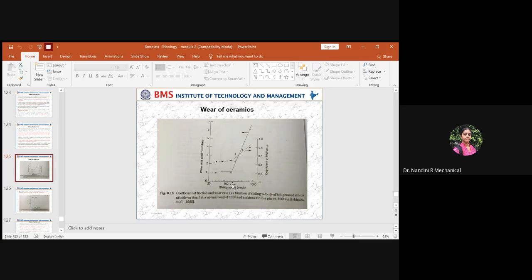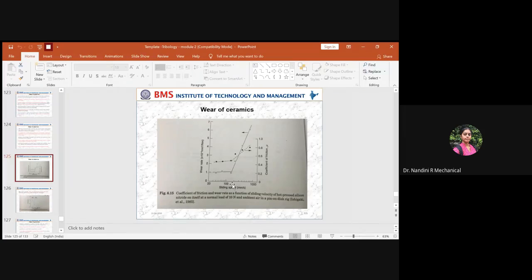So you should be able to check the properties of the material and identify the safe sliding speed. With respect to the safe sliding speed, what is the wear rate you're getting and what is the value of the coefficient of friction.